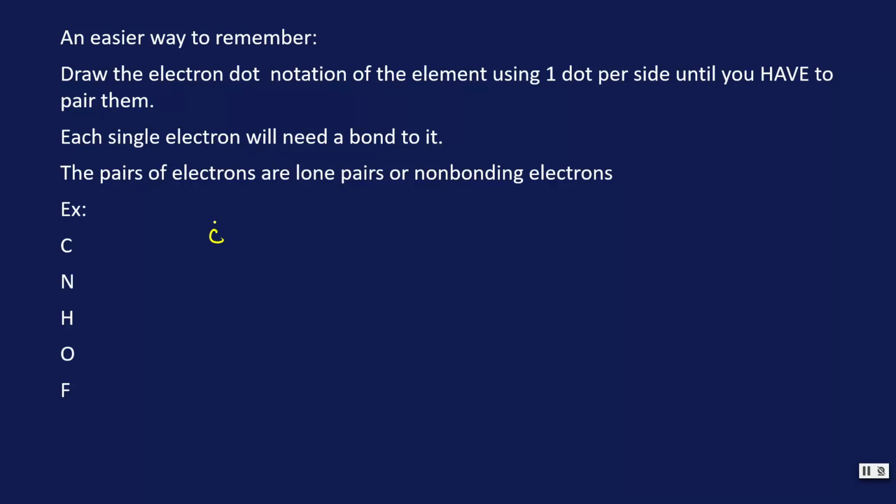Carbon has 4 valence electrons, 1, 2, 3, 4. It needs 4 bonds, no lone pairs. Nitrogen has 5 valence electrons, 1, 2, 3, 4, 5. There's the lone pair. And these need to be bonds.